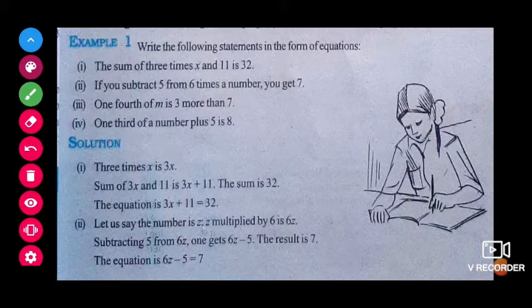The sum of 3 times x and 11 means 3 times x, that is 3 into x, plus 11 is equal to 32. So what we get is 3x plus 11 is equal to 32.